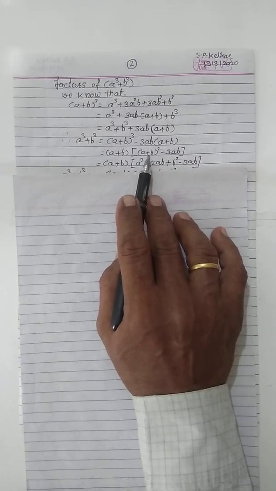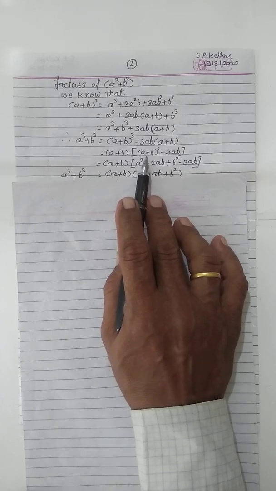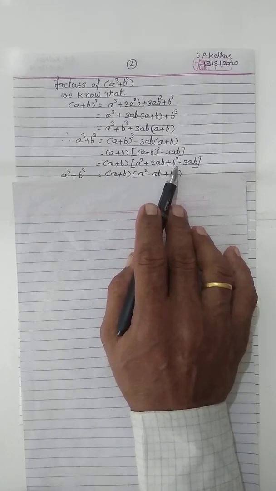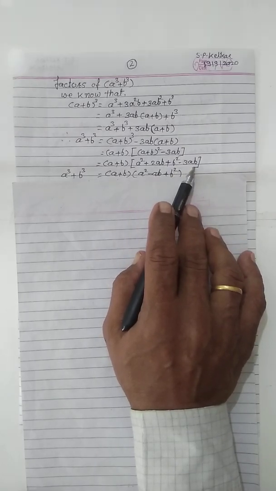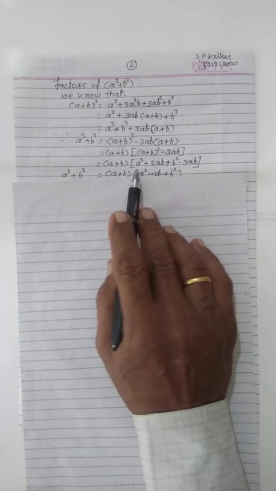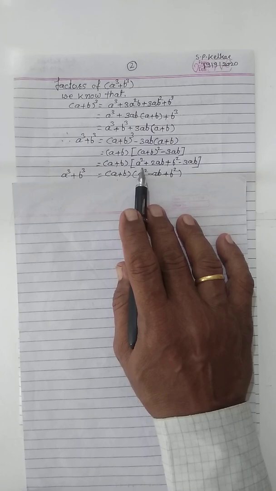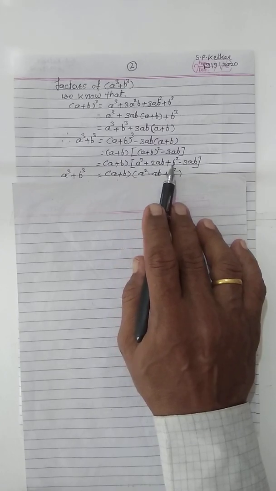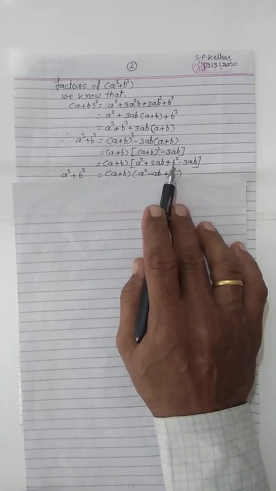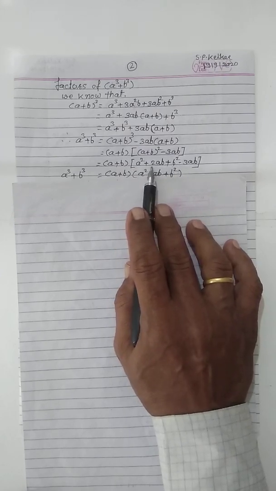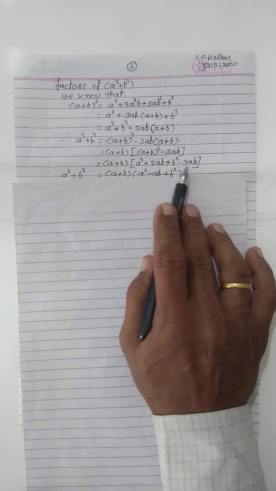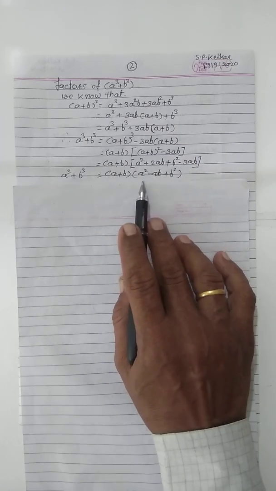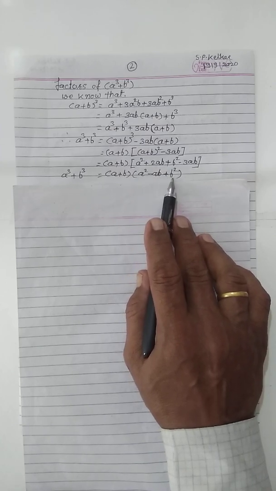Now write the expansion of the square: a square plus twice ab plus b square minus 3ab. Now a square plus b square are different, so 2ab minus 3ab gives minus ab, so a square minus ab plus b square.